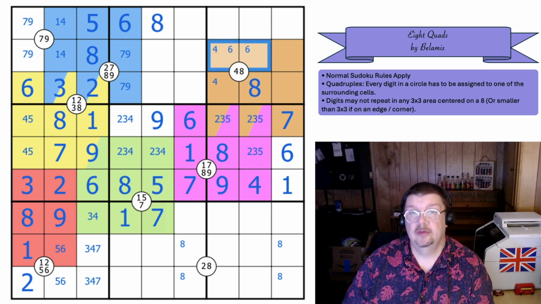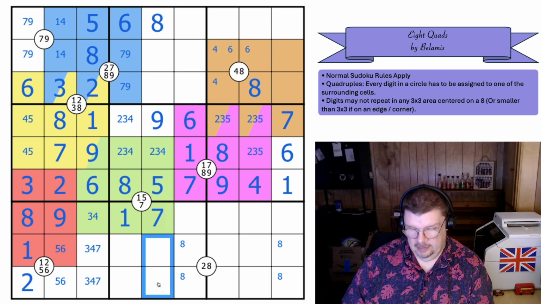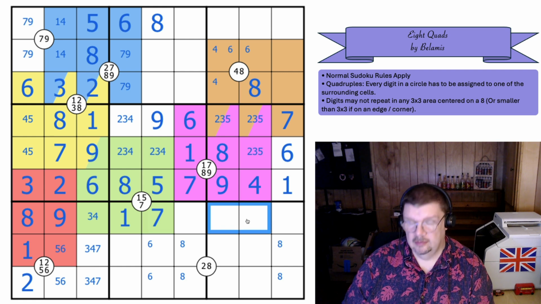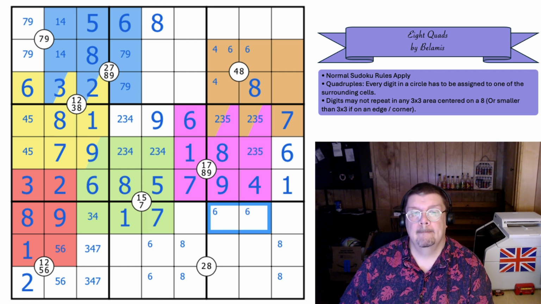So 6 goes in one of those two. I need a 6 in one of those two by Sudoku. And that gives me a 6 in one of those two, a 6 in one of those two. So I need a 6 in one of those two. Okay.